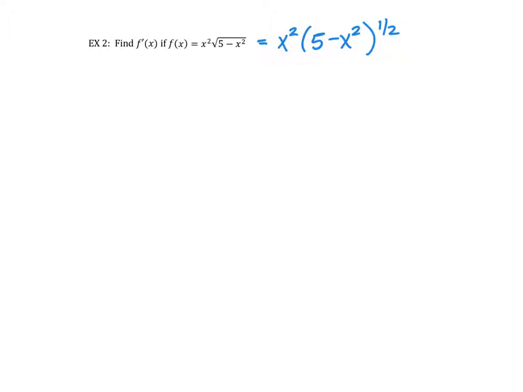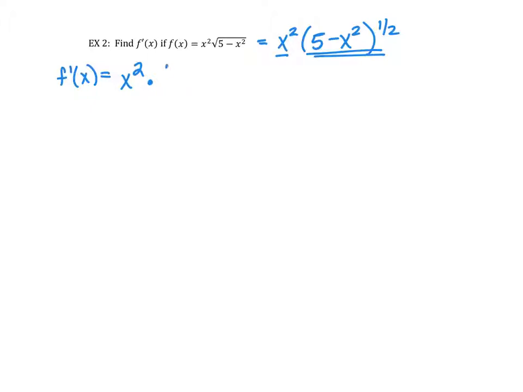All I did was rewrite the square root. So here is my first, here is my second. So f prime is going to be, now watch the product rule. The product rule is first times the derivative of the second. Now, as I'm doing the derivative of the second, that's where the chain rule is.